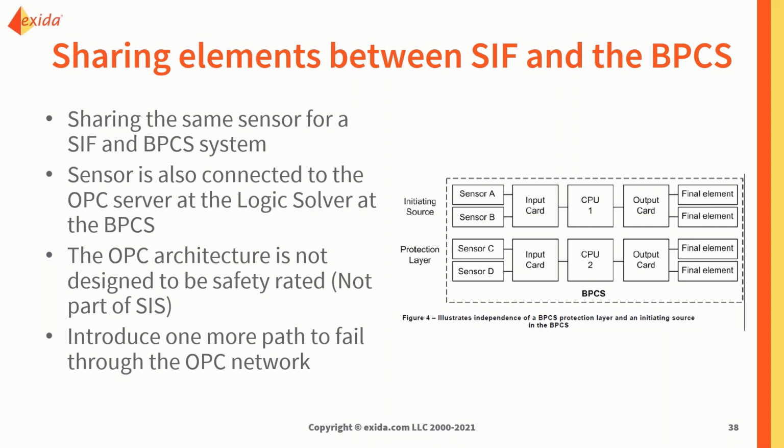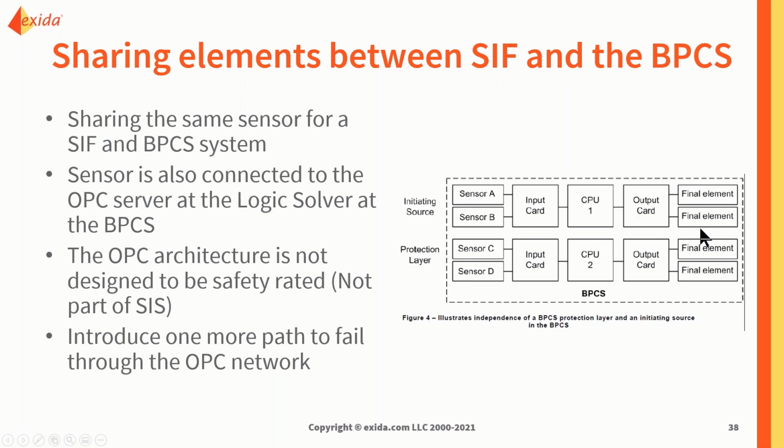And whenever we talk about independence, within the standard they even strive for independence between different trips within the BPCS system. As you can see, within the IEC 61511 standard, they try to separate all the hardware from one trip to another: from sensor, input card, CPU, output card, and also the final element.